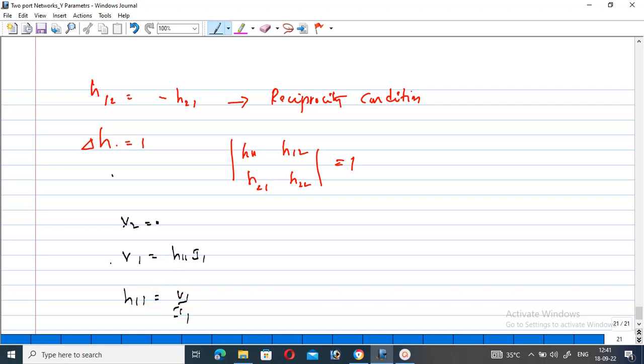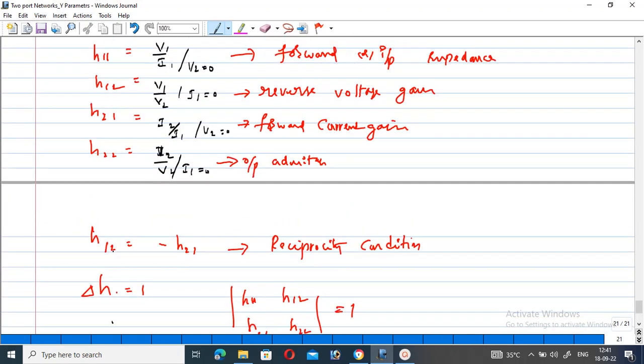So let us see in the previous case, if you want to find V1 by V2 is equal to H21, I2 by I1, right? I2 by V1. Taking the current directions is also very important.